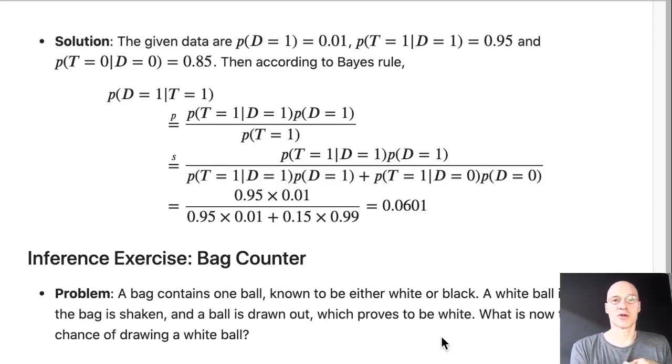Then it is 2/3. And this is interesting because the color of the remaining ball is the same as the color of the original ball. Physically, the color did not change. If I had a bag with a black ball, then after this procedure, I still have a bag with a black ball. If I had a bag with a white ball, after this procedure, I still have a bag with a white ball.